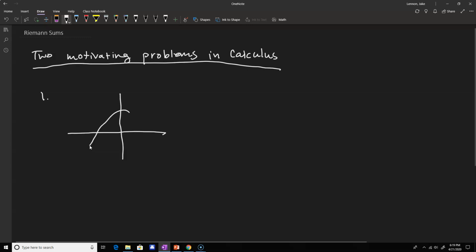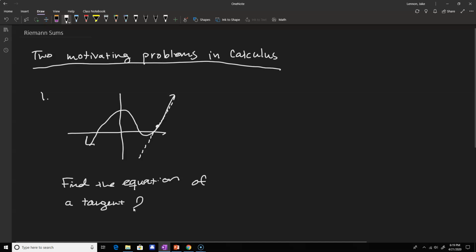If you're looking at some curve, you want to say, okay, if I have a point on that curve, can I determine the equation of the tangent line? So find the equation of a tangent line to a curve.